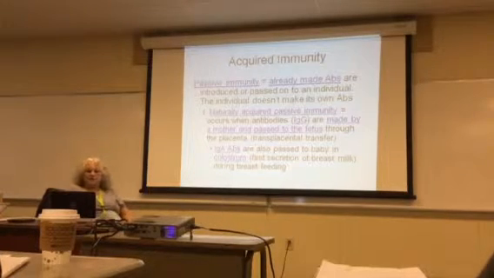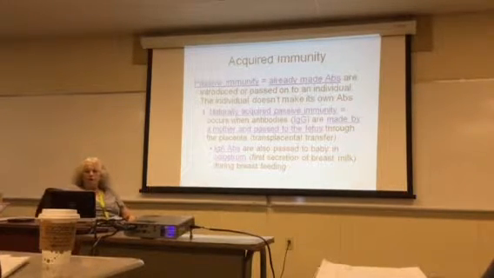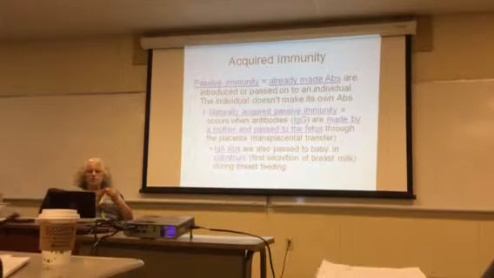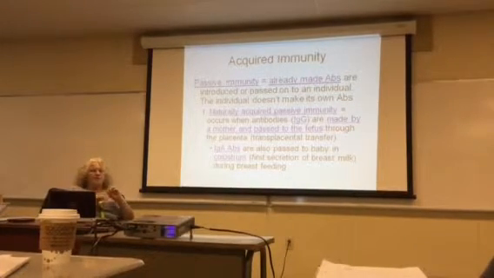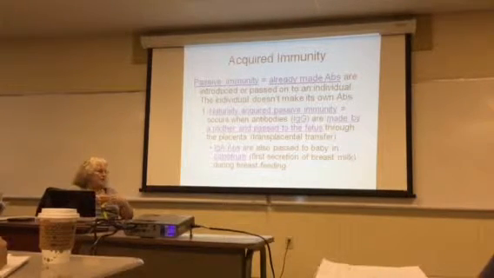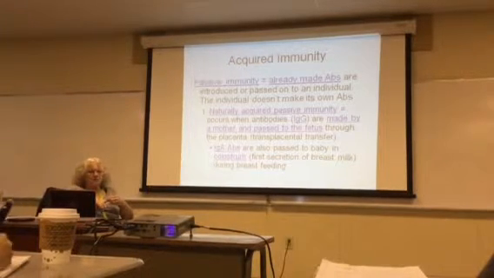Passive immunity is where the antibodies are already made, so those get introduced or passed on to an individual. That means the individual isn't making its own antibodies. Naturally acquired passive immunity can be passed on from the mother when the baby is inside, going through the placenta.